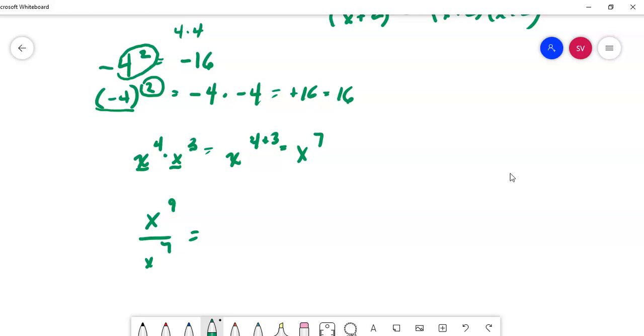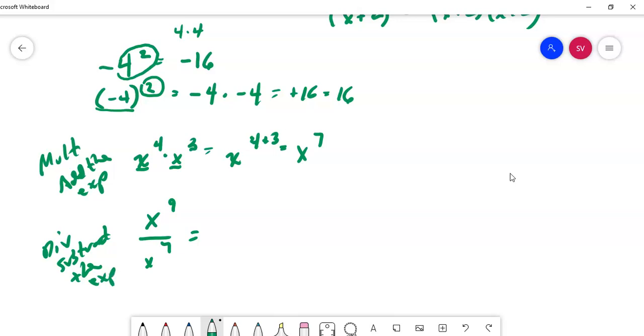For multiplication, we add the exponents. For division, we subtract the exponents. So here, x to the 9th over x to the 7th would just give me x to the 9 minus 7, which is x to the 2nd power.